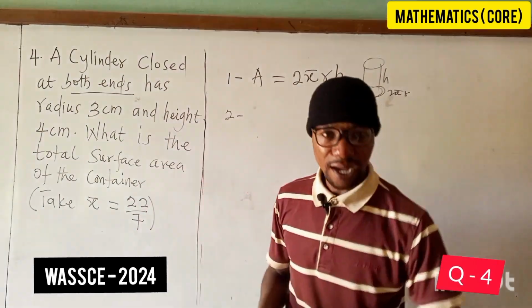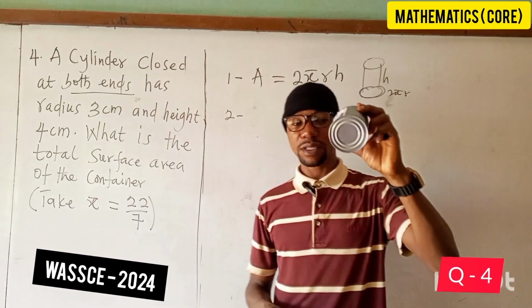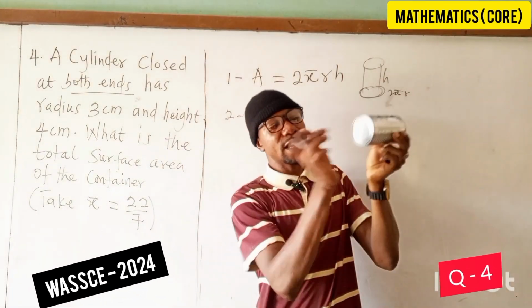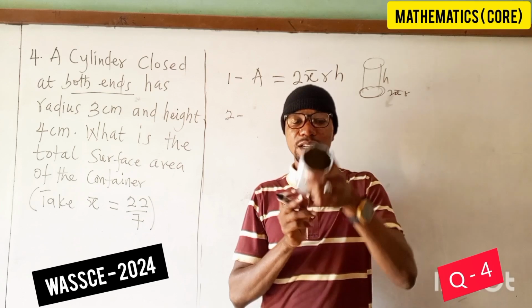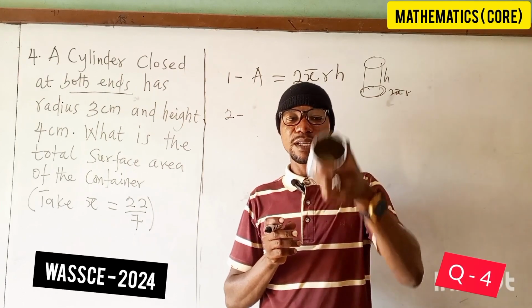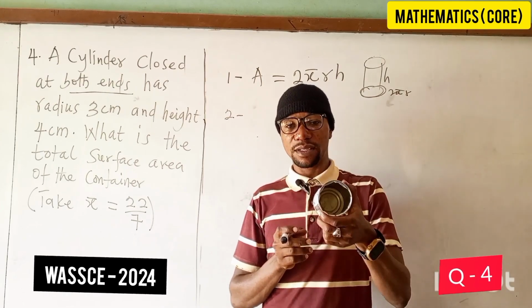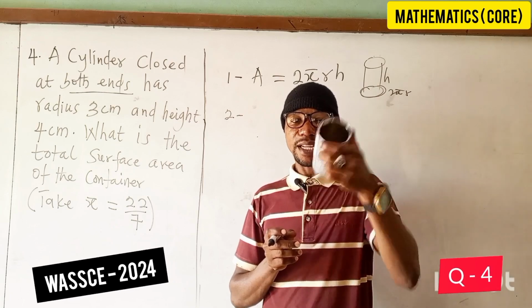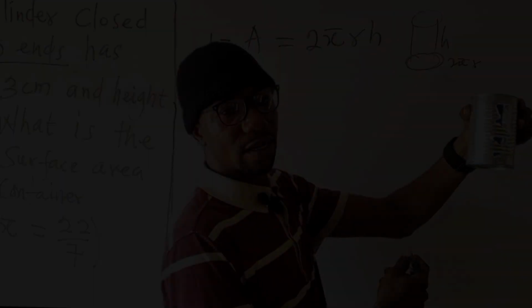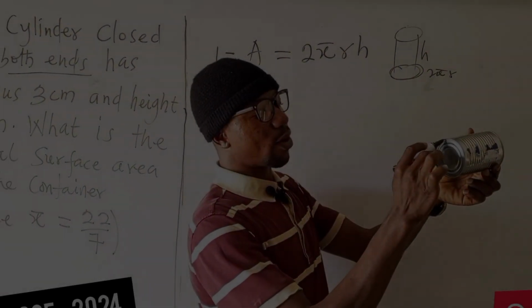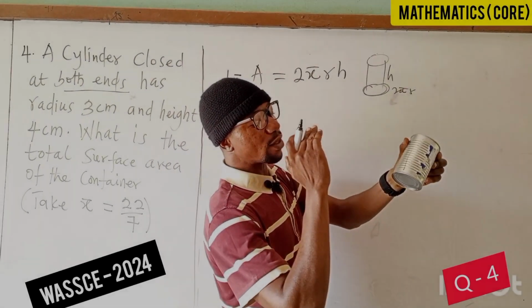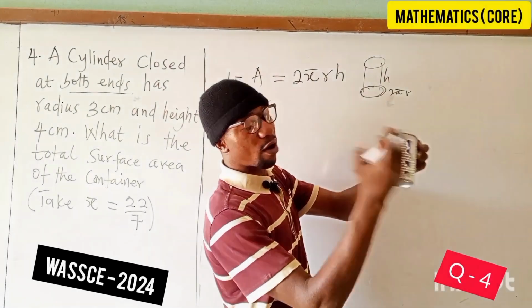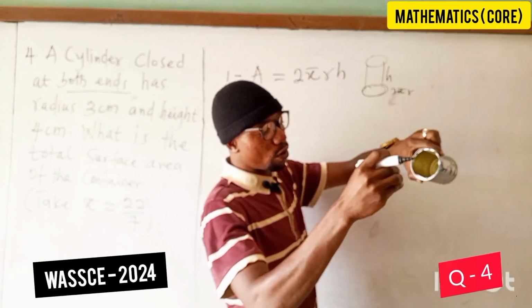Let's come to the second one. What of a cylinder whose one end is closed and the other side is open? This side is closed, but this side is open. You have been asked to calculate the total surface area of a cylinder whose one end is closed and the other open. So we're going to have the addition of the area of a circle to the curved surface area of the cylinder, because this side is hollow now.